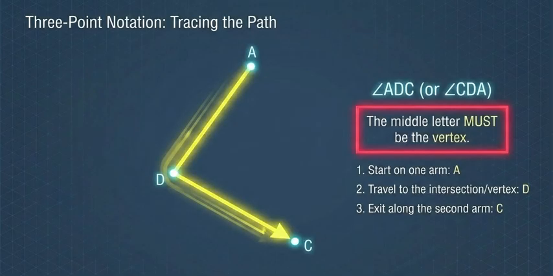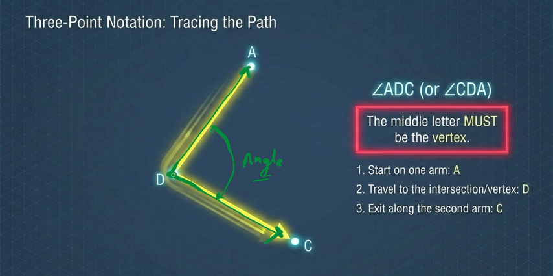So how will we name the angle? Suppose we have one ray like this and a second ray with the same starting point. This is D, this is A and this is C. The space between these two rays is our angle. How will we name this angle?